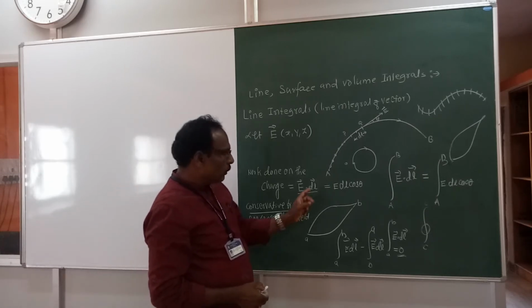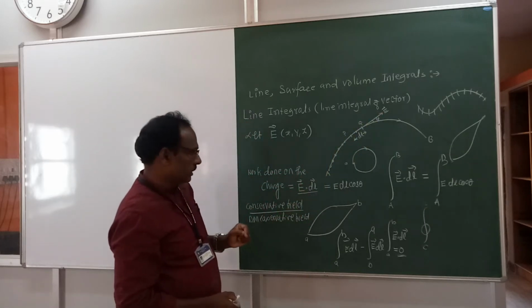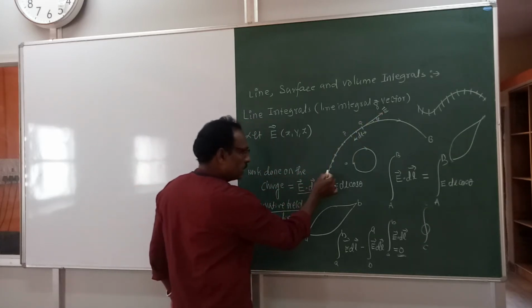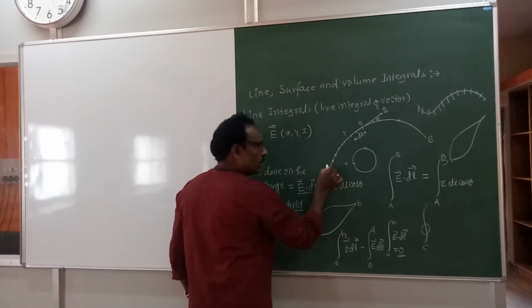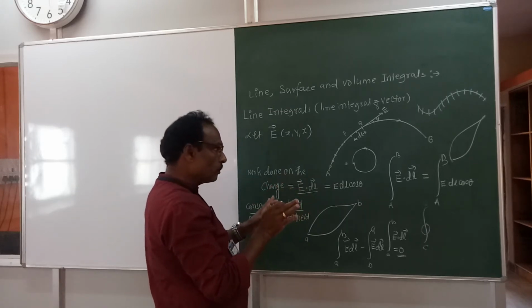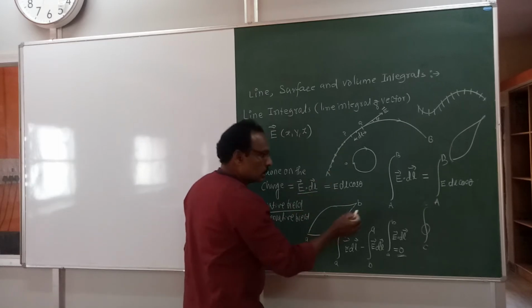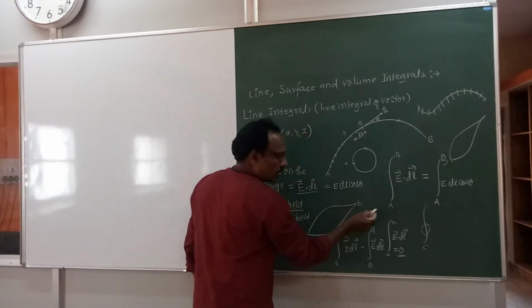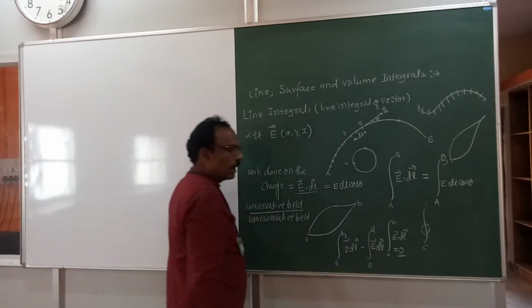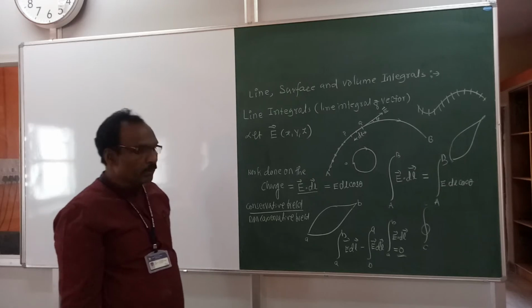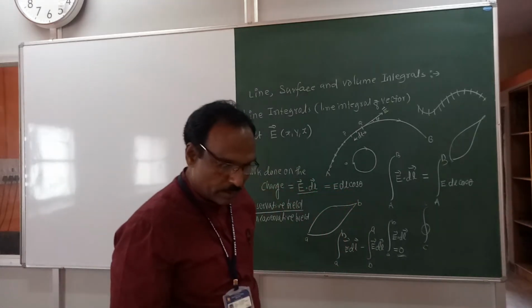Now, if this electric field vector is varying from point A to B, simultaneously both in magnitude and direction, that variation of the vector from point A to B is represented by an integral, that is A to B E dot dl. And this line integral of a vector gives us a scalar quantity.